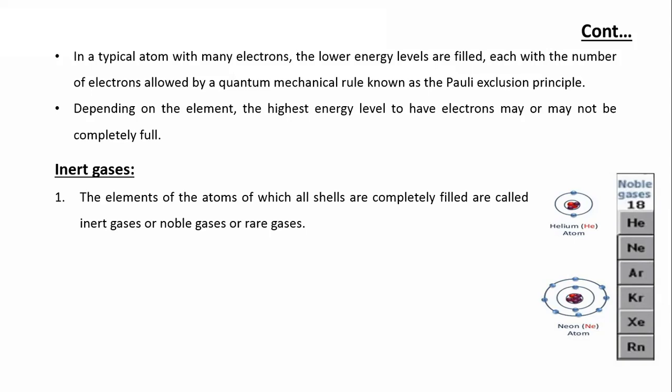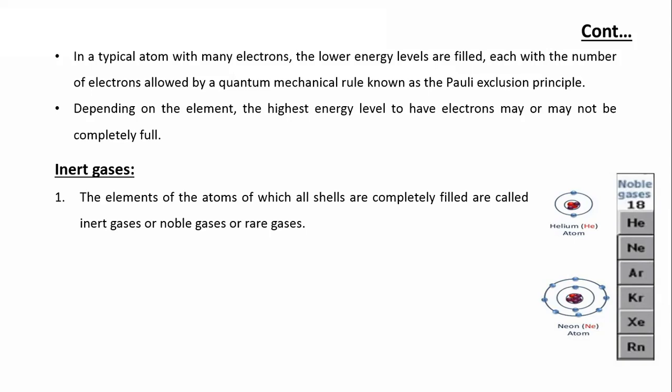The next is neon. Neon has two energy orbitals in its structure, and the second energy orbital has the capacity to bear a total of 8 electrons. Neon has 8 electrons in its outermost shell, which again makes it an inert element.